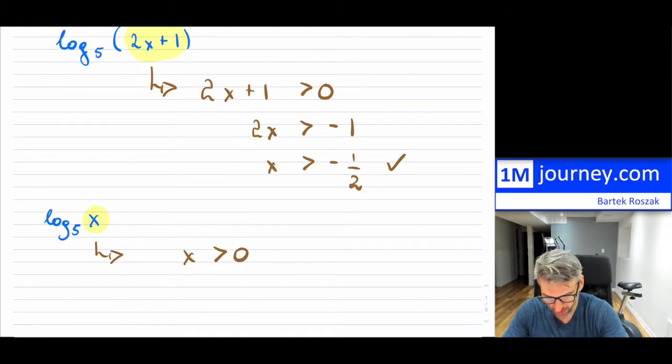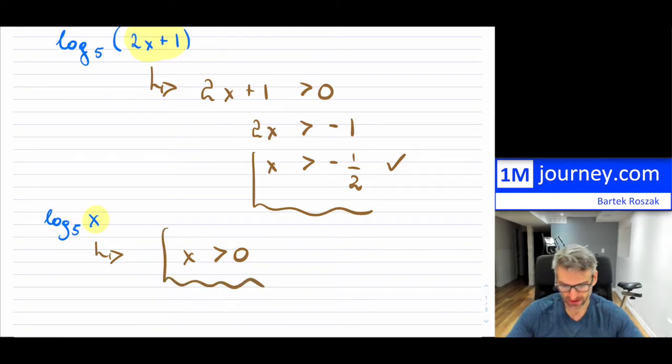So notice between the two, between this right here and this right here, I already know that all my answers have to be positive, right? Well, the bigger one is 0, so 0 is bigger than negative 1 over 2, and based on these, my x has to be greater than 0 for this particular equation.